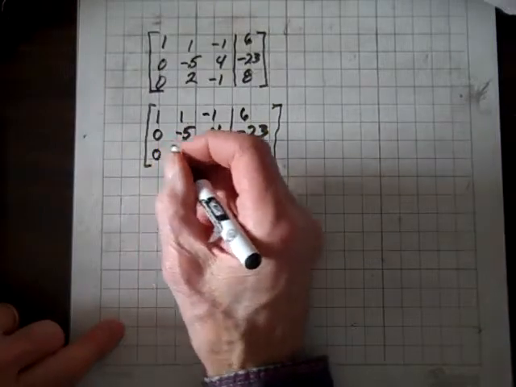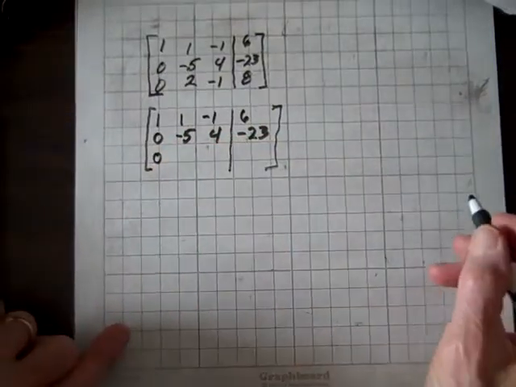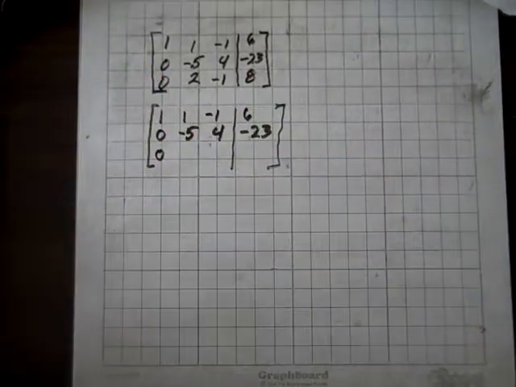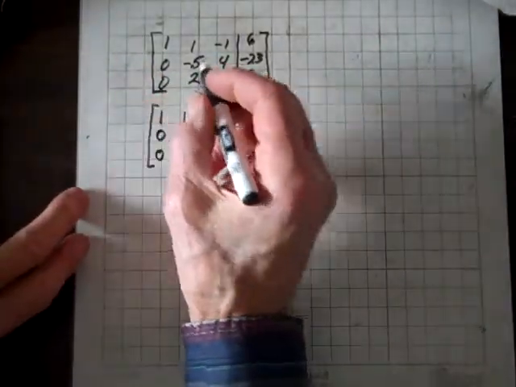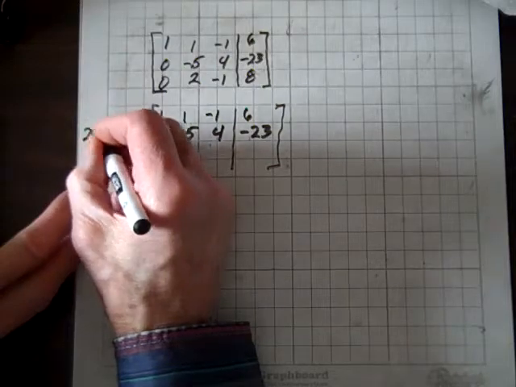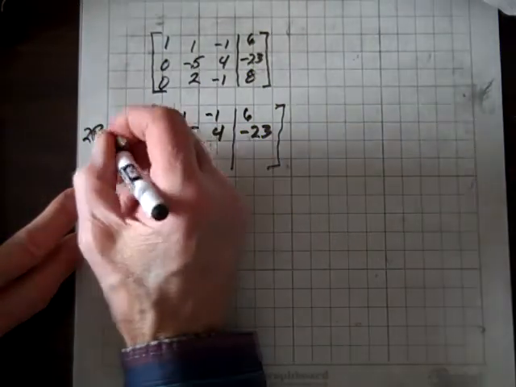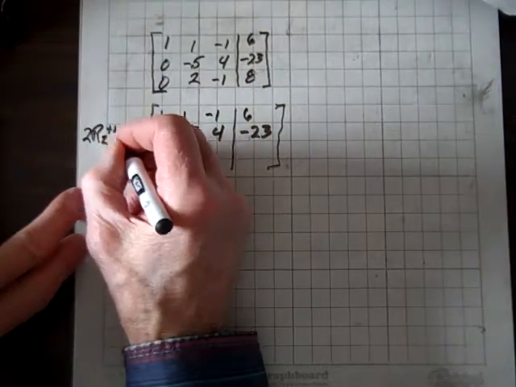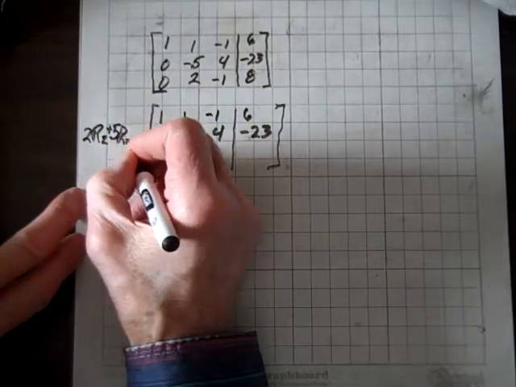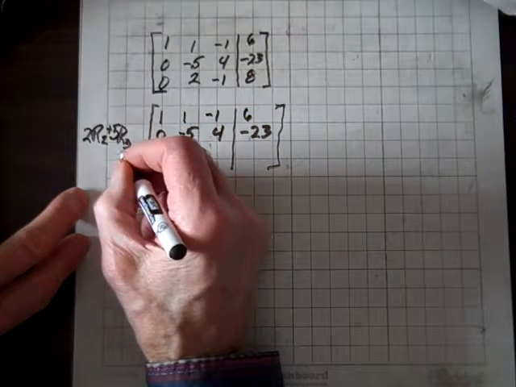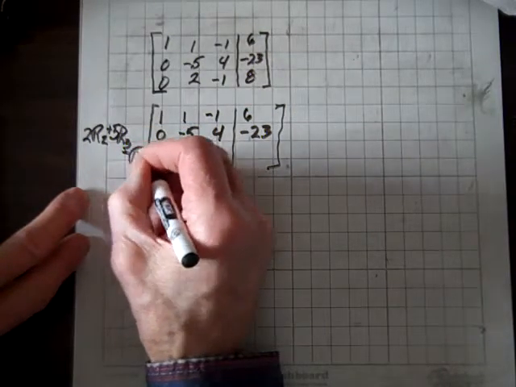We already have a 0 here. So what we'll do, we'll multiply row 2 times 2, and we'll add that to 5 times row 3, and that will replace row 3.